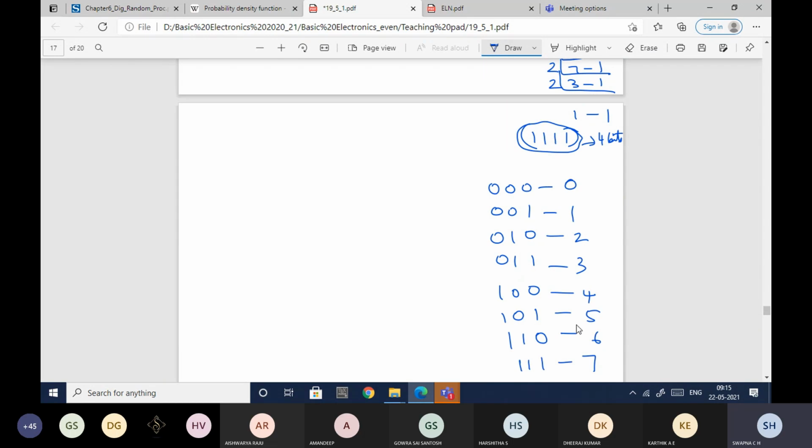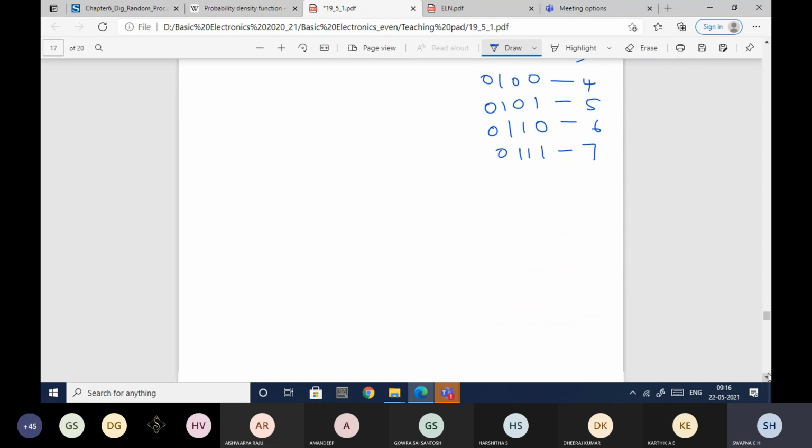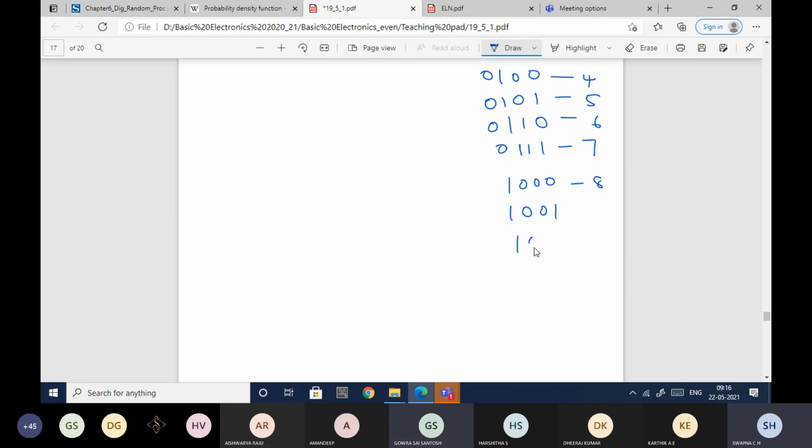This you know how to represent, as we have done in octal. Here I need each digit to be represented with 4 bits, so I'll just append a 0 here. You can also see the tabular column which I've already given you. So 8 is 1 0 0 0, 9 is 1 0 0 1.